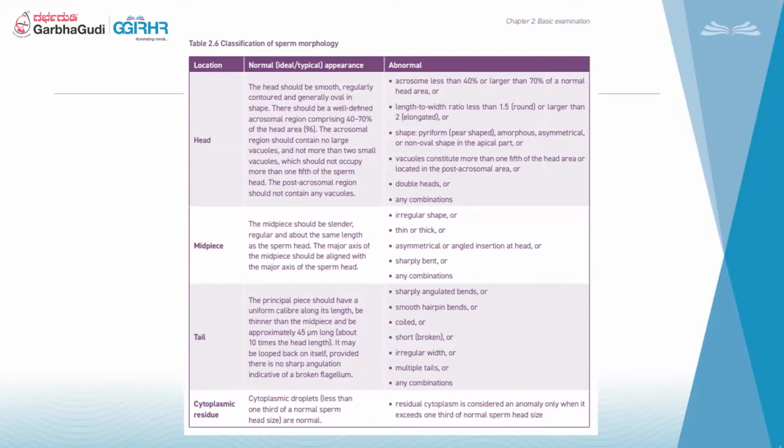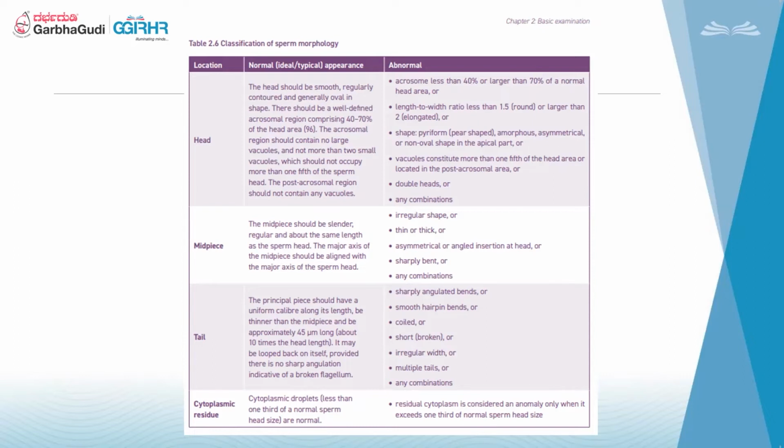The acrosomal region should be around 40 to 70% of the head area. If you see a lightly stained region in the head, that will help you differentiate between the acrosomal region and the nucleus. So 40 to 70% of the acrosomal region should be seen in order to classify it as normal.